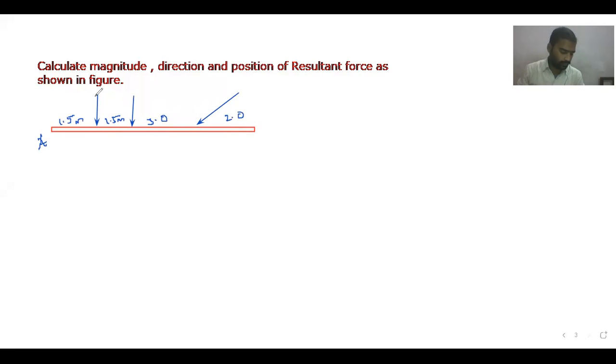So the forces are 20 kilonewton, 30 kilonewton, and 20 kilonewton, and it is making an angle of 60 degree.